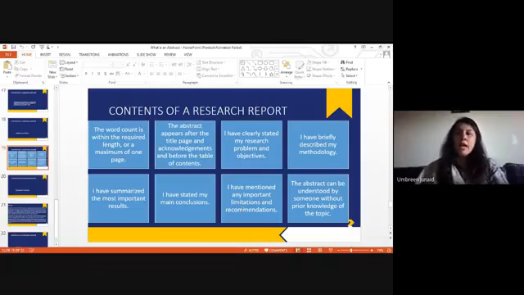And then finally, the abstract can be understood by someone without prior knowledge of the topic. This is very important. Your abstract must be written in a language, in those words. For example, a person doing research in some kind of medicine, some kind of illness, some kind of disease, if he writes his abstract in pure technical language, no one else from the medical field will be able to understand that.